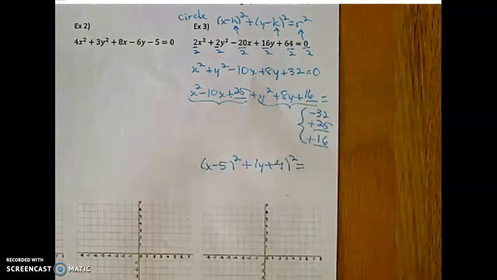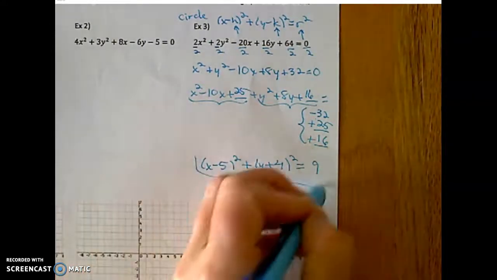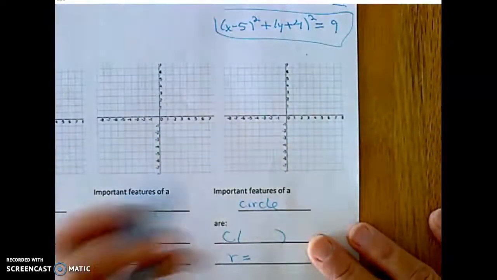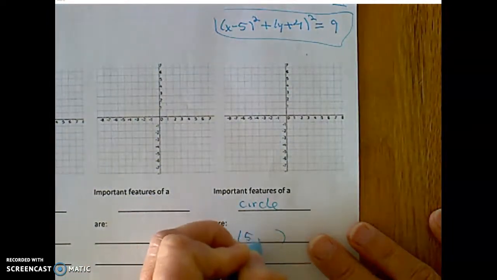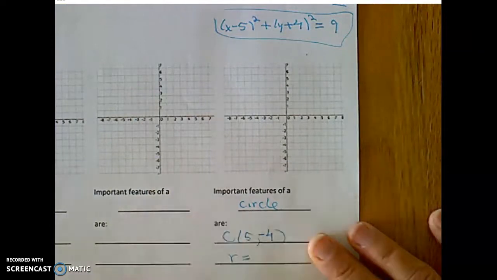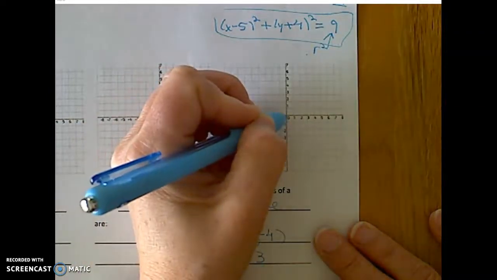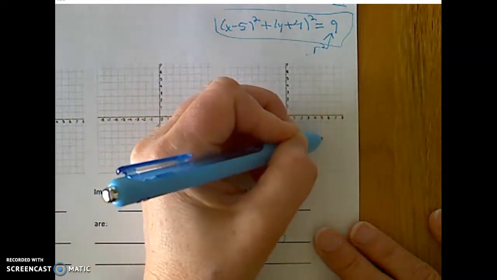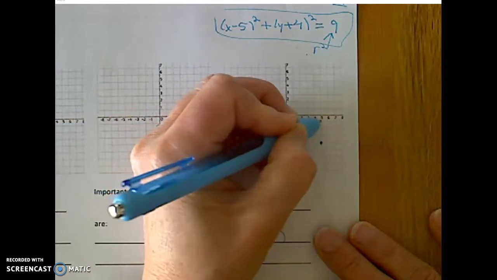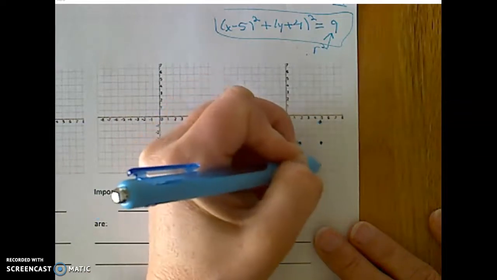Combine those on the right, equal to 9. That gives me the standard equation of a circle whose center is, switch the signs, 5, negative 4, and whose radius, remember that's r squared, whose radius is 3. And sketch that circle with a center of 5, negative 4, and a radius of 3.